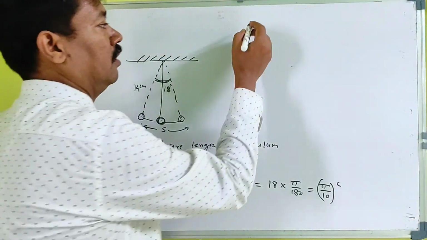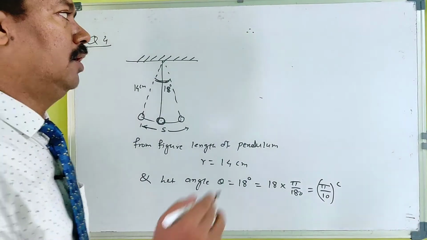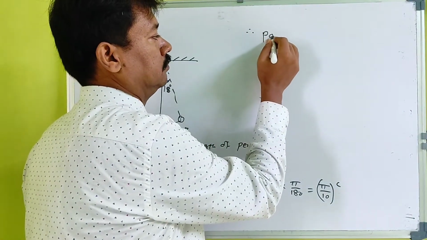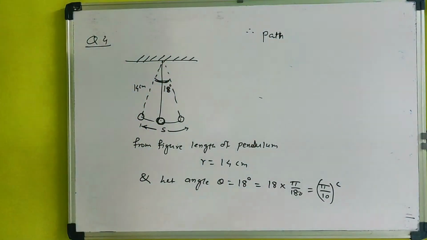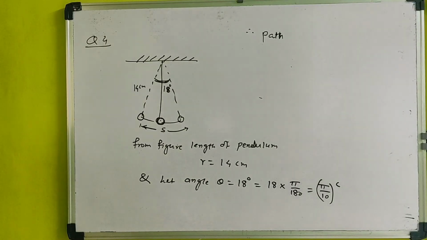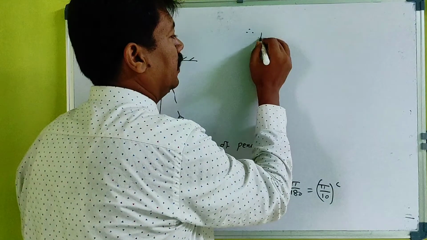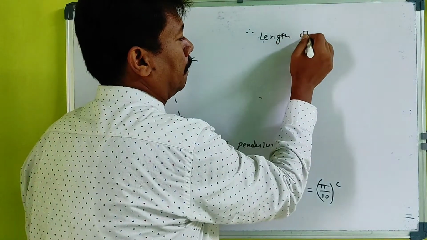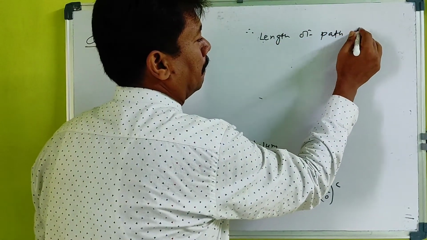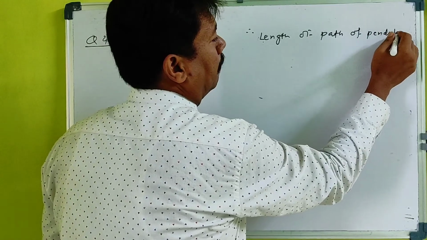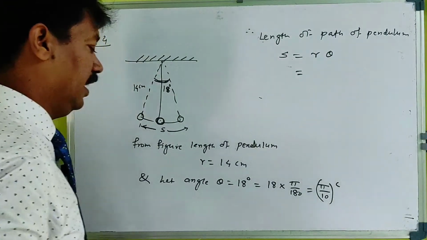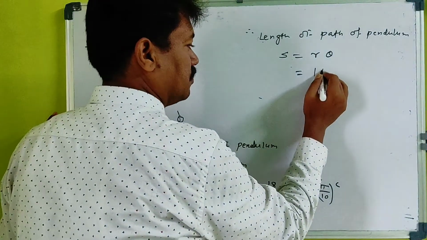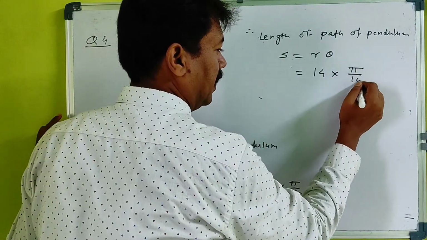So the path of oscillation, the path of the pendulum. Whatever the question is, what is given? Length of its path: the length of the path of the pendulum is s is equal to r theta. The value of r is given. What is r? r is given as 14 and theta is given as pi by 10.